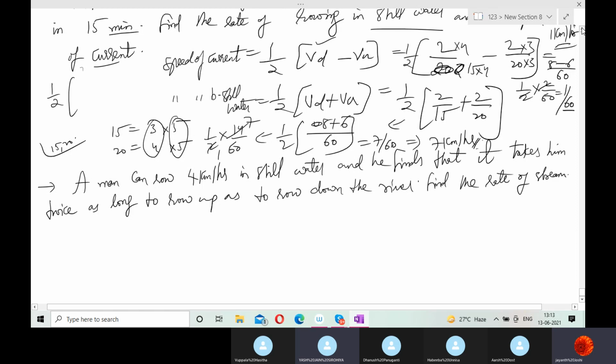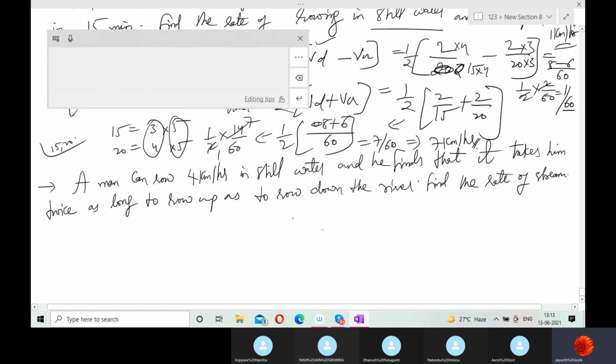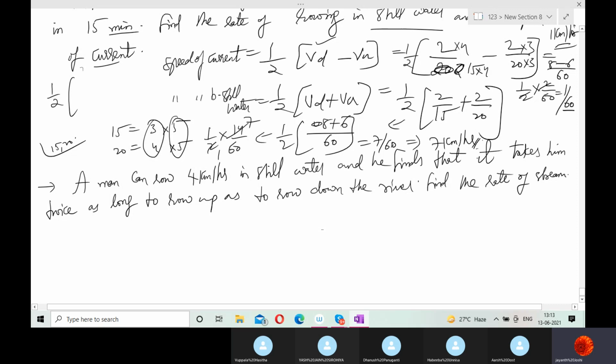Sir, 1.3. Yeah, 1.3. See, a man can row 4 kilometers per hour in still water, and finds that it takes him twice as long to row up as to row down the river.